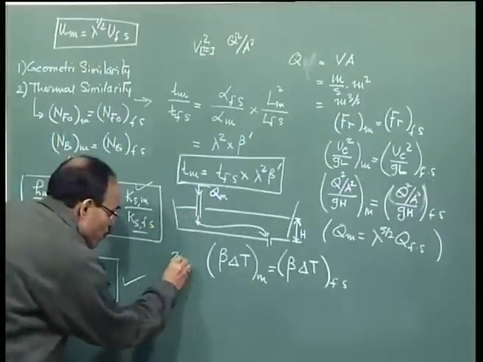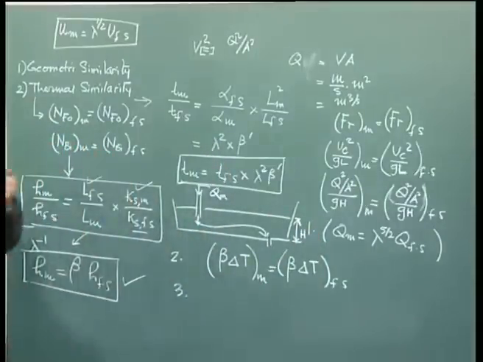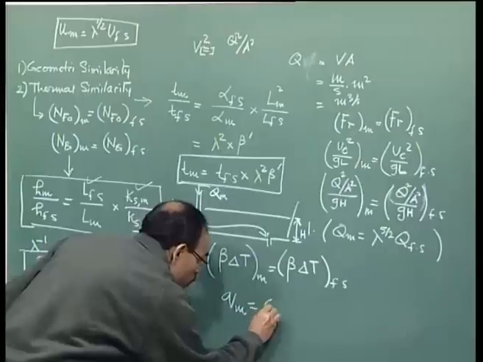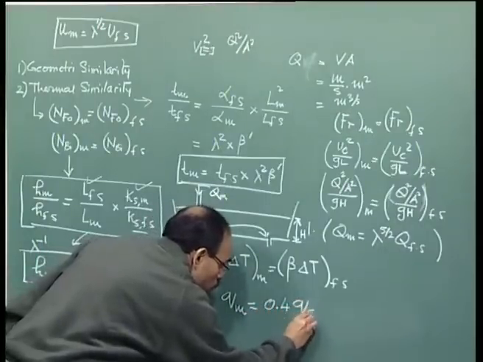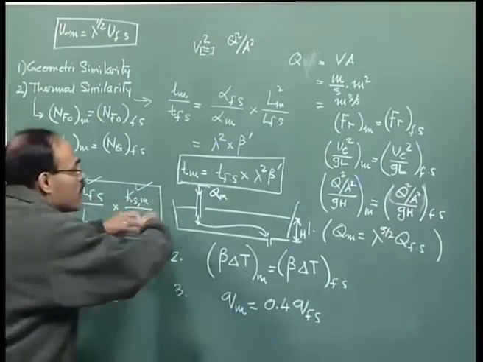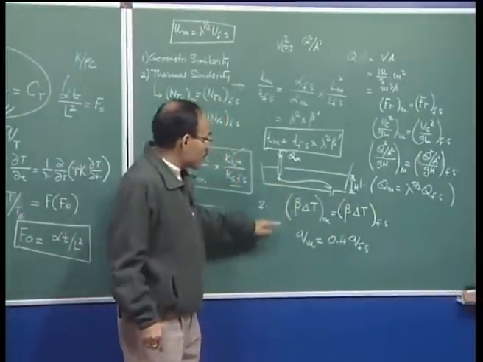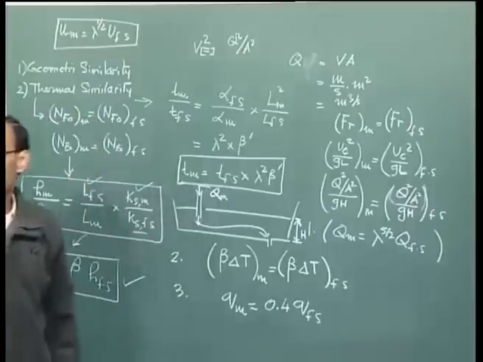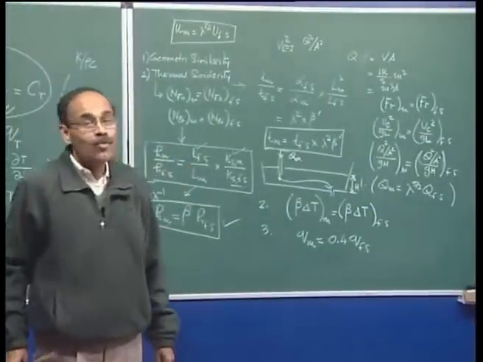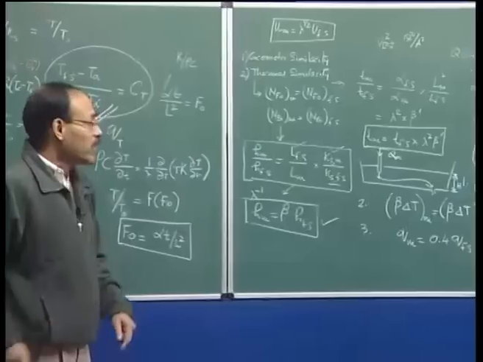So, this is condition 2, and this is condition 1, and condition 3, which will come out from the analysis of similarity of the boundary condition, is that Q model is equal to 0.4 into Q full scale, in which Q represents the rate at which heat is being lost from all the surfaces of the melt. Only when these 3 conditions are simultaneously satisfied can we say that the model tun dish that we have fabricated in the laboratory will exhibit not only geometric similarity, but also simultaneously dynamic and thermal similarity.